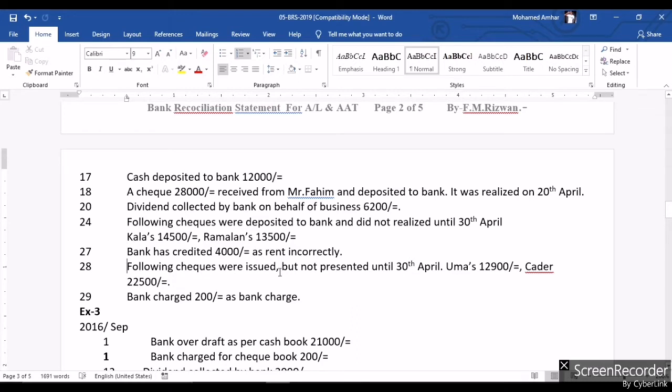The following checks were issued but not presented until 30th April. Uma 12,900, Kader 22,500.